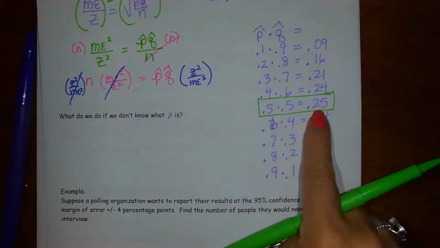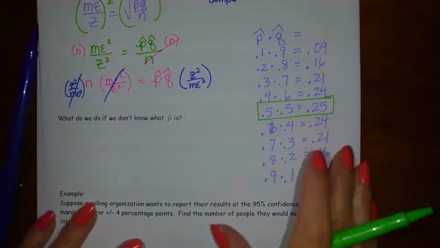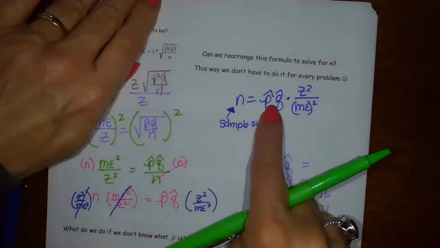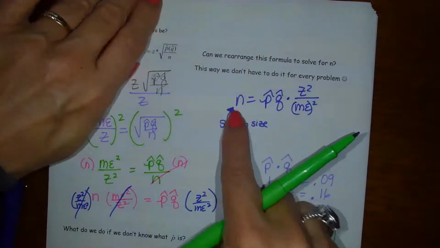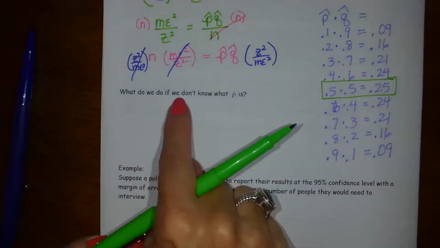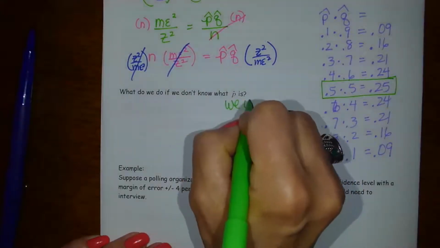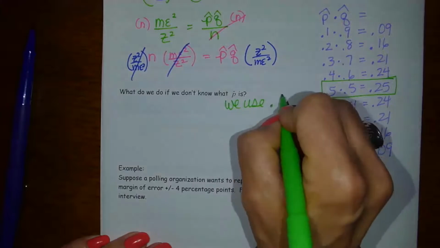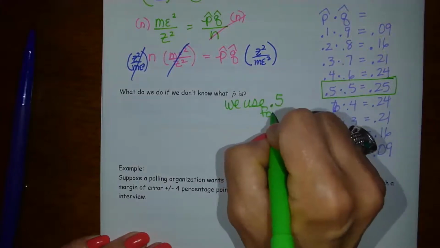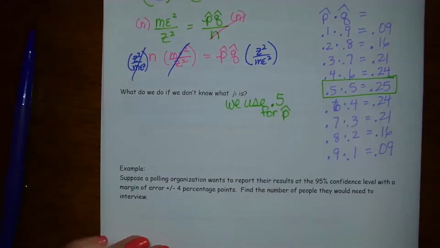See how that gives you the biggest number? And if you put this number here, you're going to get the biggest sample size. So if we don't know what P hat is, we use 0.5 for P hat.